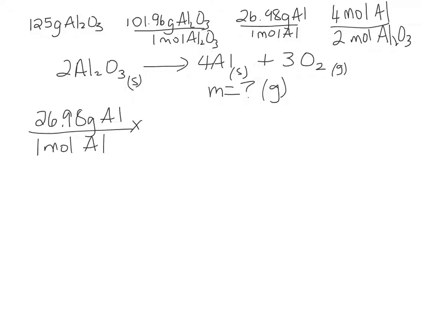We need to get rid of our moles of aluminum. There's only one ratio that has moles of aluminum in it, and that's our mole ratio. So that comes next. And we need moles of aluminum on top because we want it to cancel.